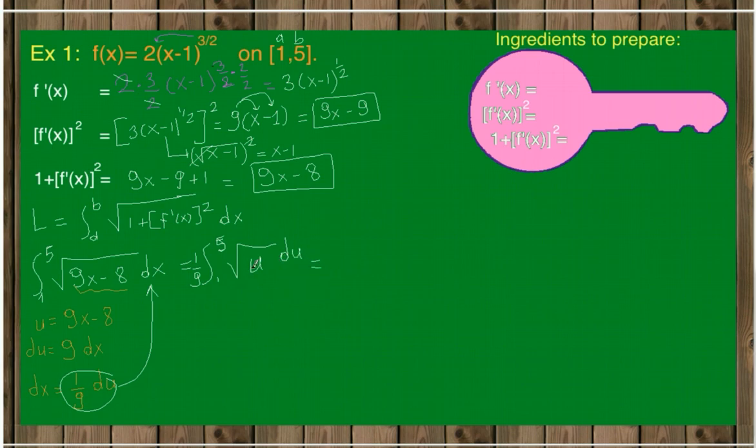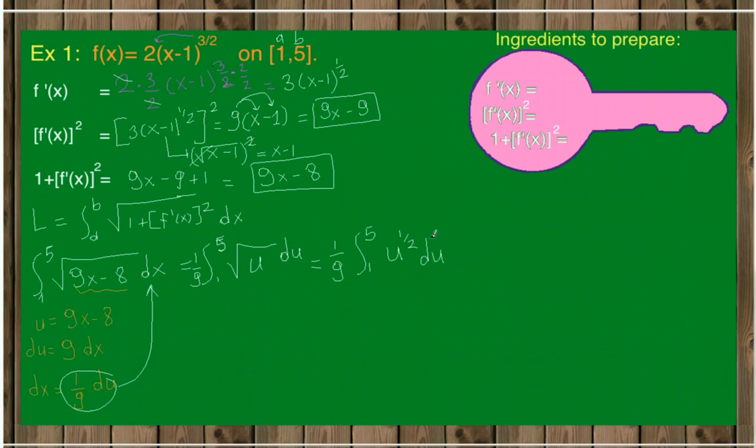Let's clean up. We can write square root of u in exponential form. So 1 over 9 integral from 1 to 5 u to the 1/2 du.